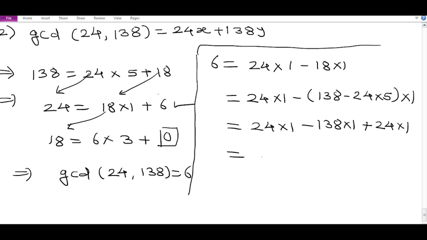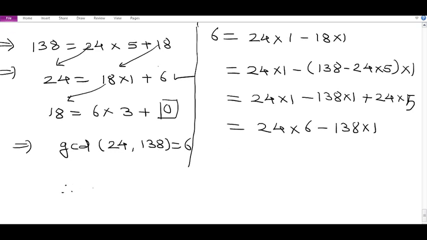So total 24 into 6 minus 138 into 1. So if you simplify, this is 24 into 6 minus 138.